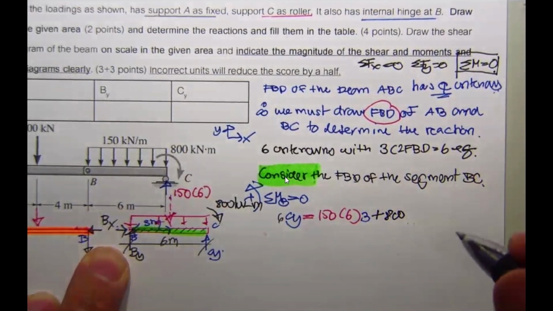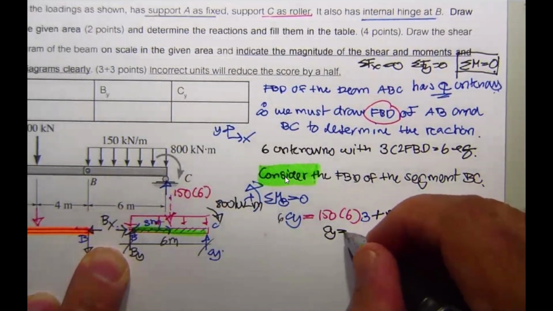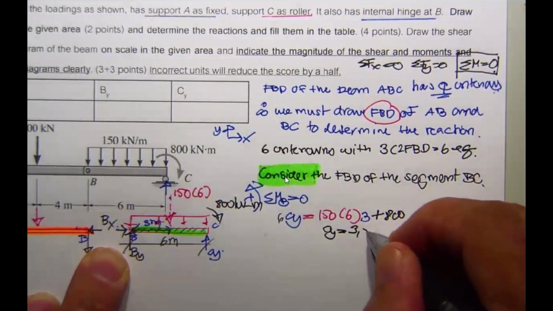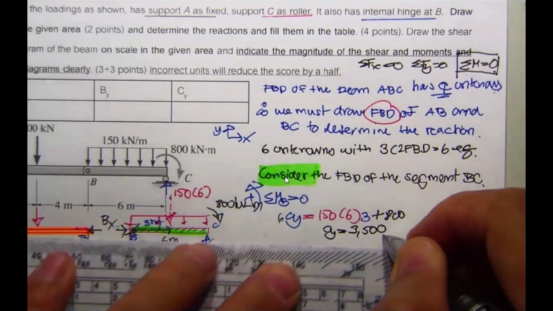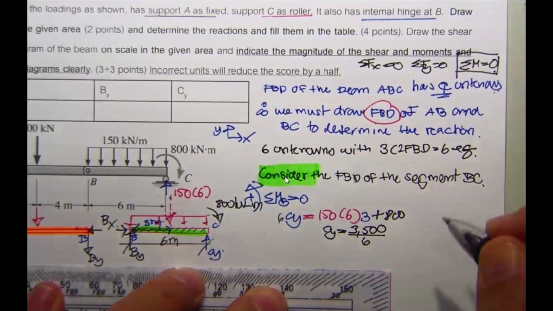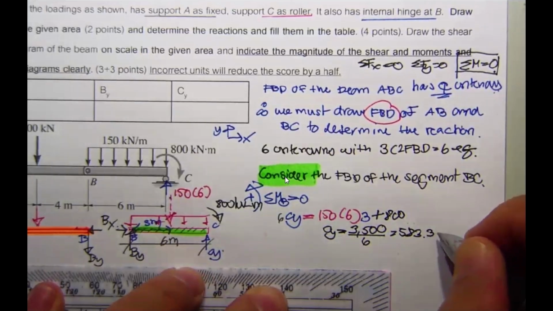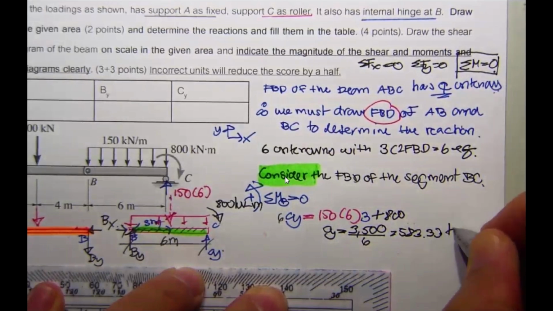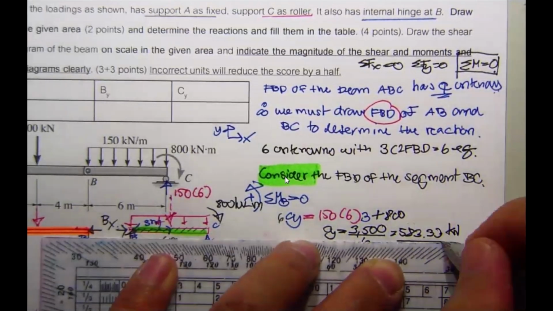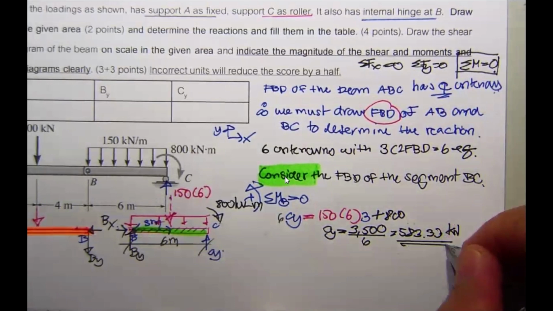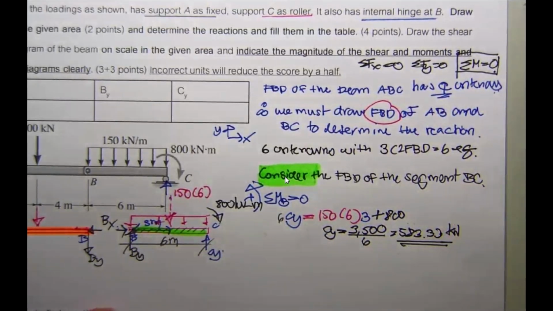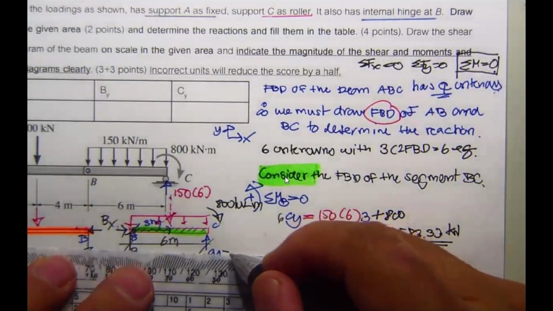You should get C sub y equal to 3,500 divided by 6, which is 583.33 kilonewton. Please help me specify your results over here.